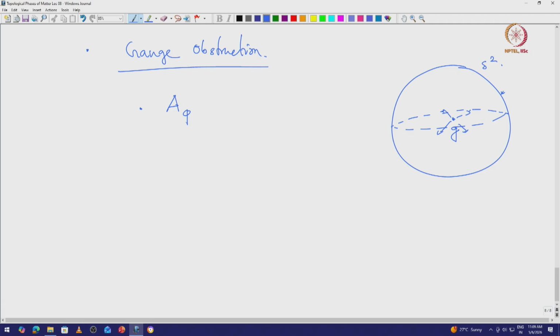and what we will see is that, so this is my north pole and this is my south pole, you cannot define a single vector potential all over the place. You have to define at least 2 vector potentials.